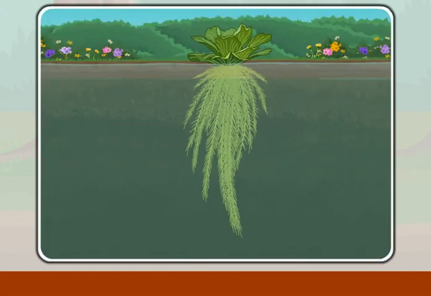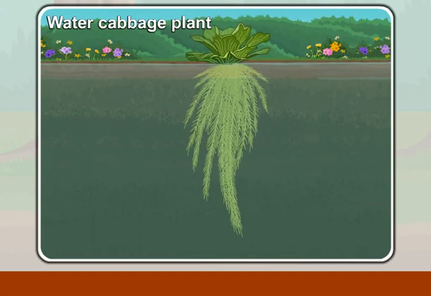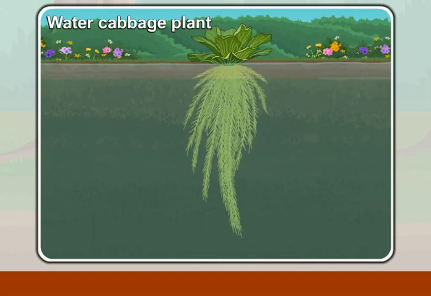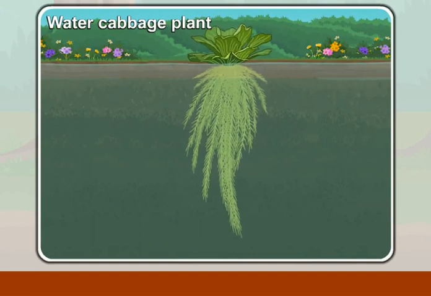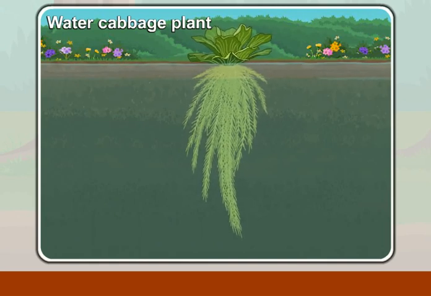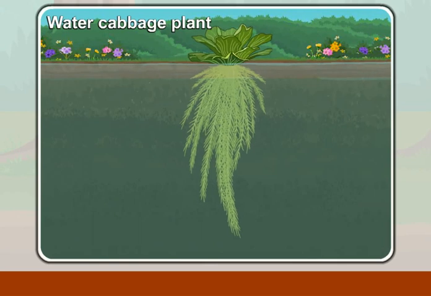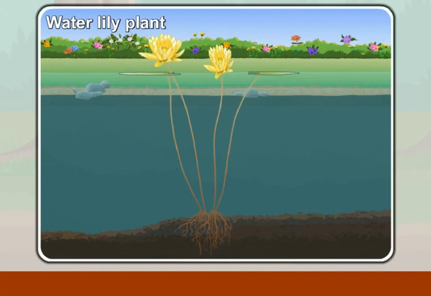This is a water cabbage plant. Look at it carefully. Isn't it floating on the surface of the water? Yes, it is. This is a water lily plant.